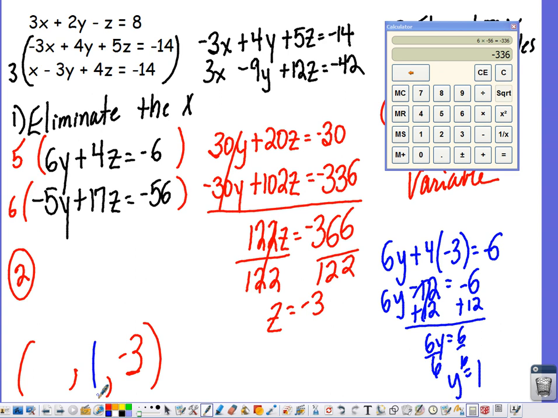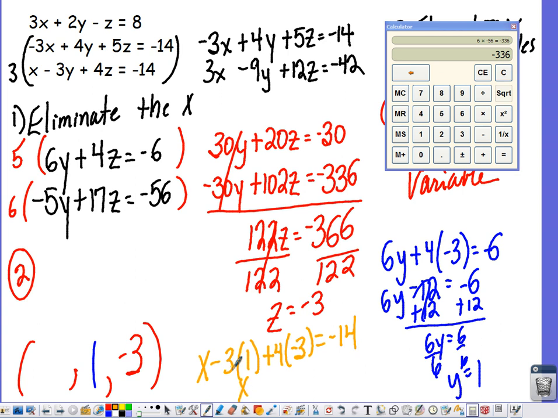And then the last step is, now that I've got two variables, you're going to go all the way back to one of the originals. And again, it doesn't matter which one you plug it in, but we need to plug it in one of them. So we're going to plug it in the bottom one. So I get x minus 3 times my y, which is 1, plus 4 times my z, which is -3, equals -14.